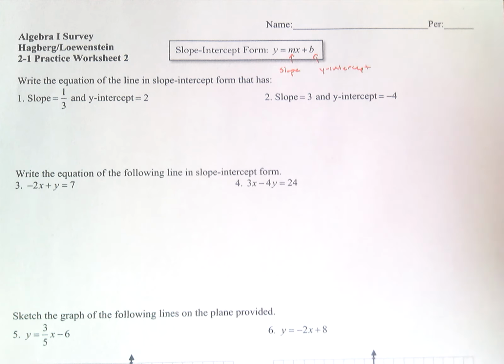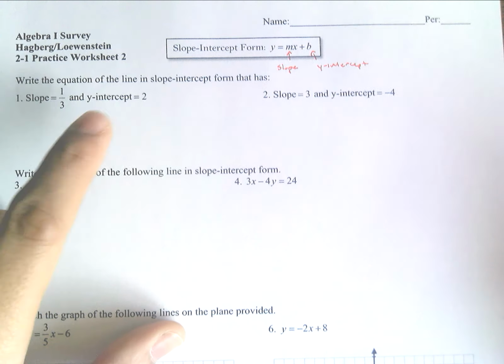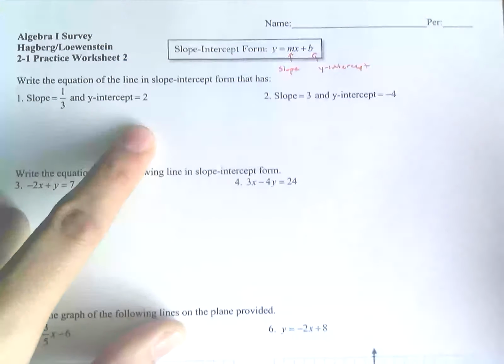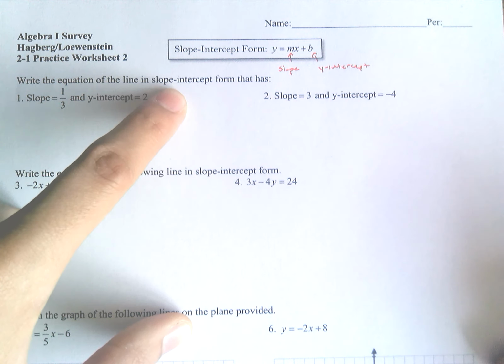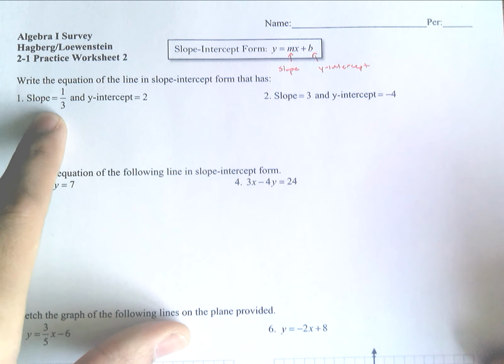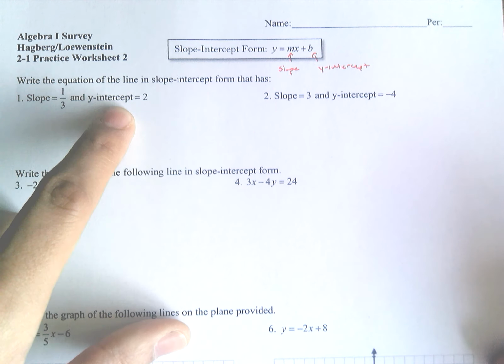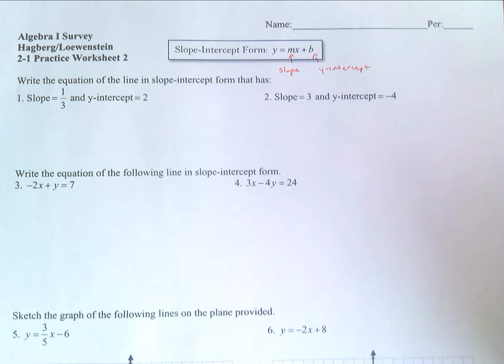Let's go ahead and write the equation in slope-intercept form that has a slope of 1/3 and a y-intercept of 2. So we want to write this equation in slope-intercept form. That's y equals mx plus b. We already have our slope and we already have our y-intercept. So we can just plug these both in for y equals mx plus b. Our slope, 1/3, is going to be our m.